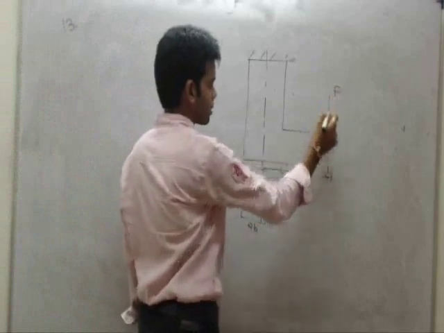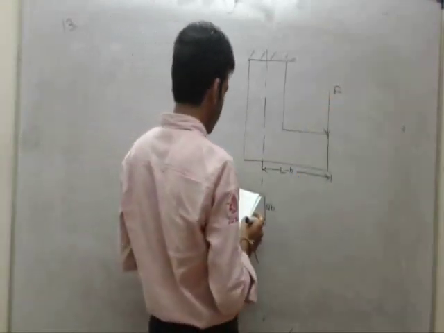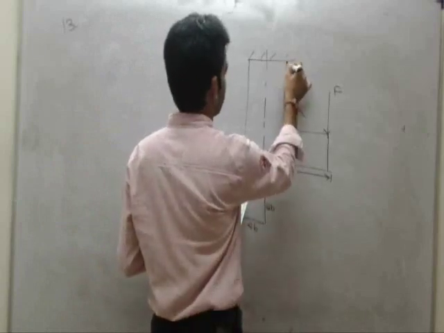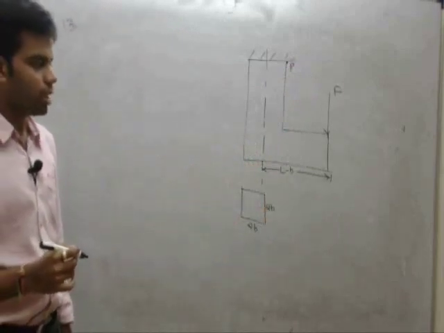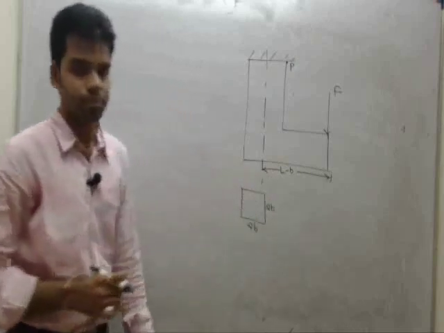We have to determine the axial stress at the corner point P. That means at this point we have to determine the axial stress. The cross section of this bar is given as 2B by 2B.